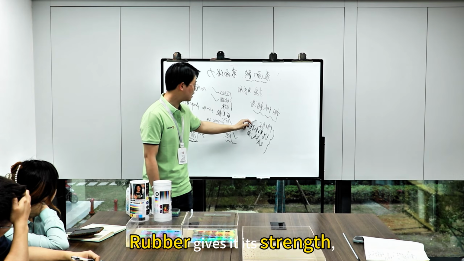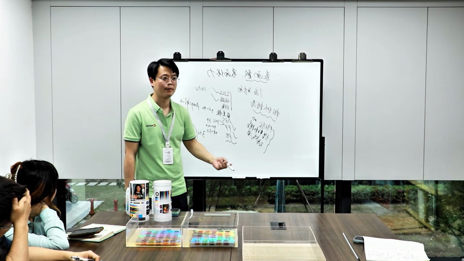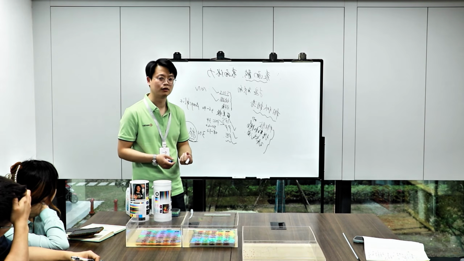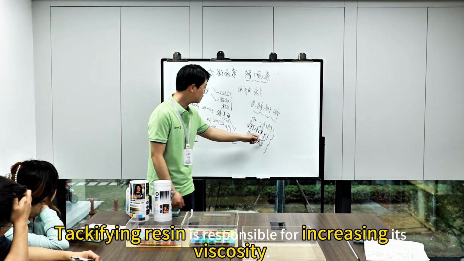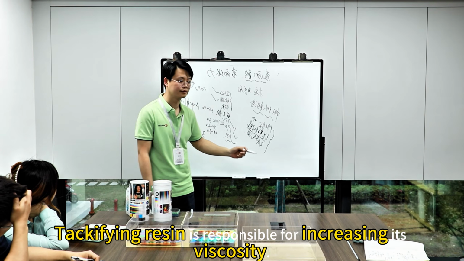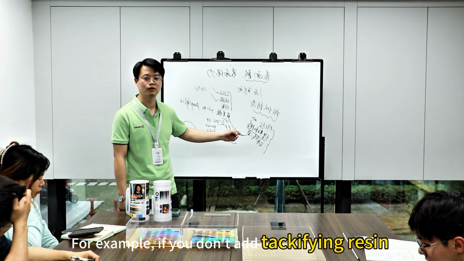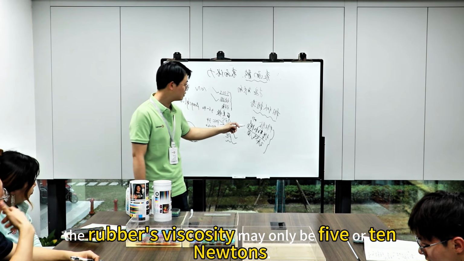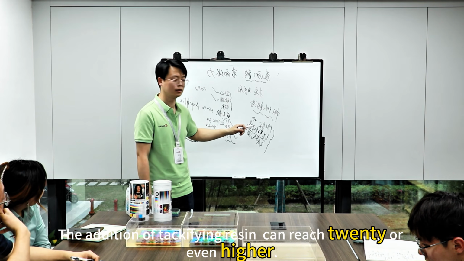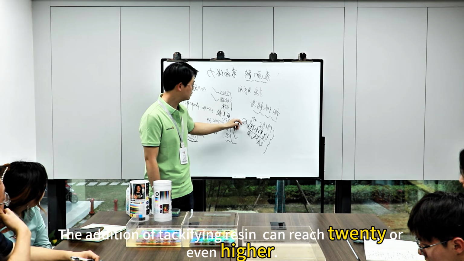Rubber gives it its strength, elasticity, cohesion strength. Tackifying resin is responsible for increasing its viscosity. If you don't add tackifying resin, the rubber's viscosity may only be 5 or 10 newtons. The addition of tackifying resin can reach 20 or even higher.